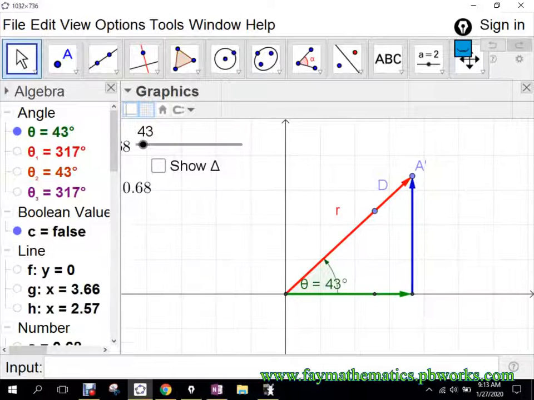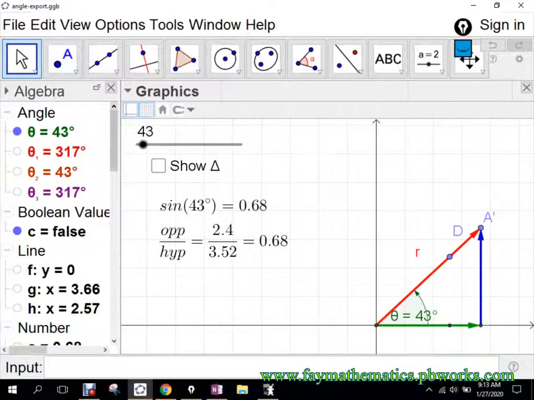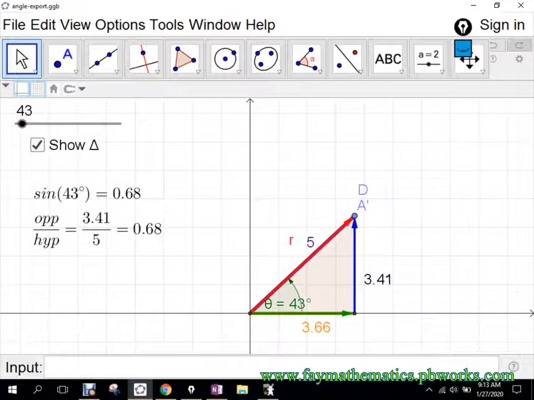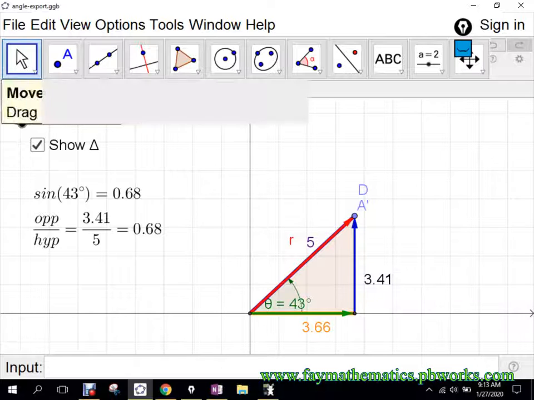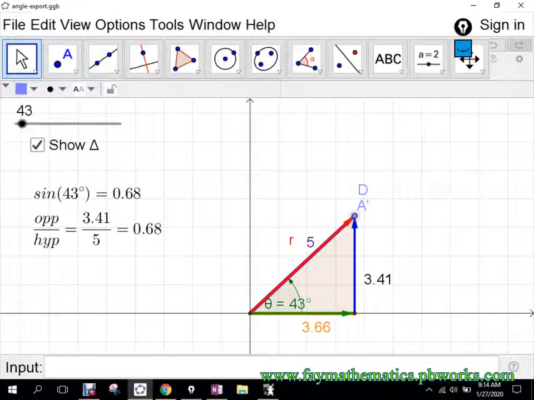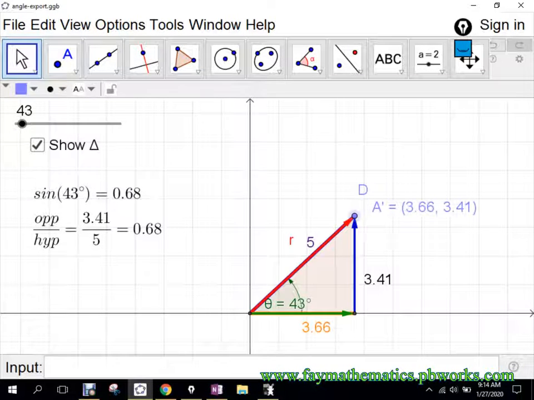Let's take this triangle, and right now the way I've got this set up, I'm looking at that triangle with point A prime, being 3.66, comma 3.41. That's the ordered pair, okay?